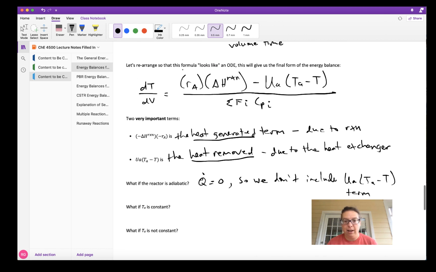In that case, we have just a heat of reaction term. We do not have our heat removal term. What we have is that the heat is being mitigated by the sensible heat changes of the components. So the components are absorbing heat based on their heat capacity. That would be the way that heat is removed in the adiabatic case.